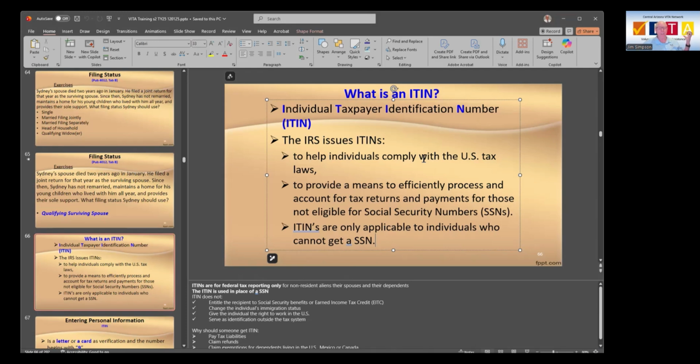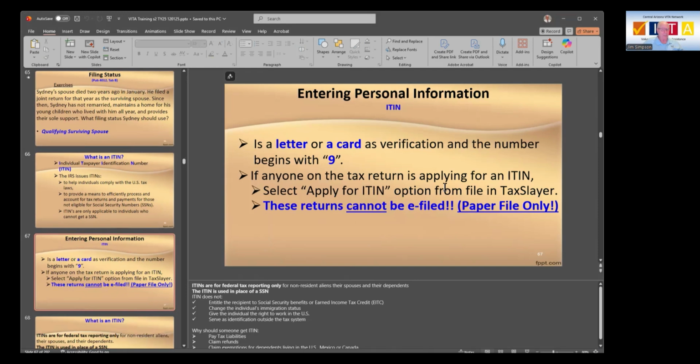They have no intention of being a citizen, but they got interest income or some other kind of income, and maybe they won't owe any taxes on it. But if they open a bank account without a social security number, the bank requires an ITIN because they have mandatory withholding on it. So these are some of the reasons why you would have to get an ITIN.